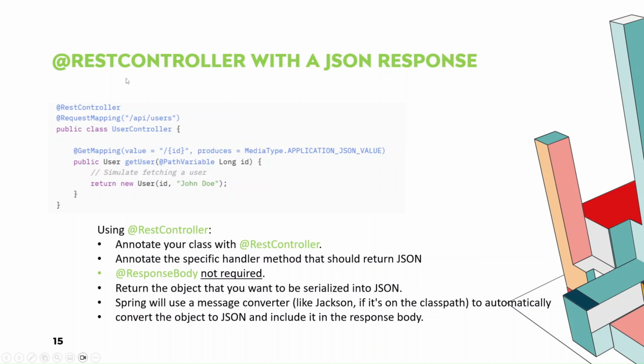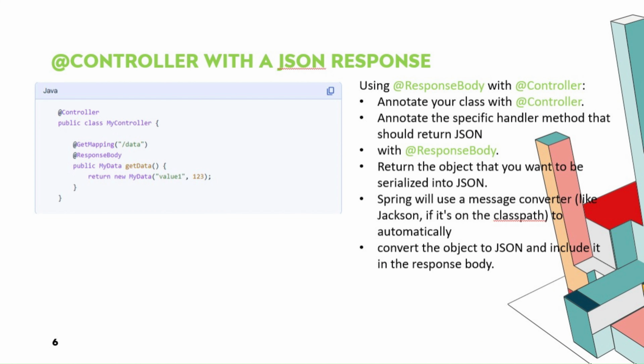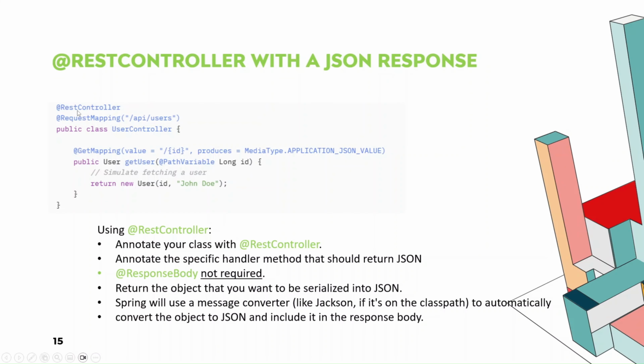And if you look at this particular implementation, here the REST controller, and we don't use response body here. If you compare this page with JSON here, controller and response body, these two will be removed and we are going to use REST controller.